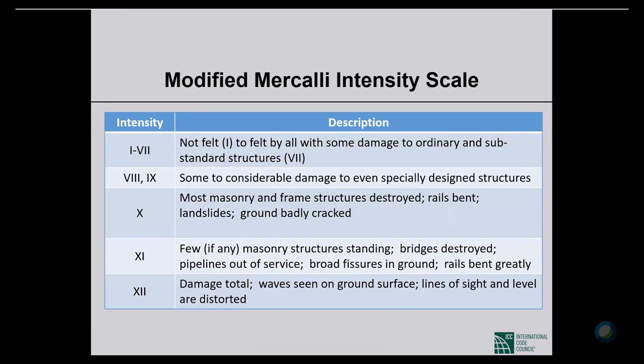And this shows that it gets serious when the modified Mercalli intensity is 8 or 9, some to considerable damage to even specially designed structures. 10, most masonry and frame structures destroyed, rails bent, landslides, ground badly cracked, etc. 11, few, if any, masonry structures standing, bridges destroyed, pipelines out of service. 12 is almost total destruction.